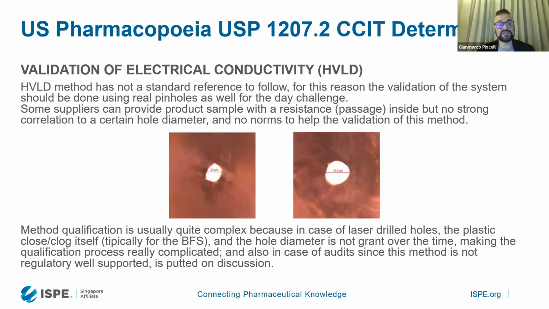There are some suppliers that can provide artificially generated products, like a dummy with a resistance inside in order to simulate the passage of the current taking the short path in case of leakages. But this is also not listed in any international standard. It's just another system, but it is really difficult to defend something different from a laser drilled hole, a real hole, in front of the auditors who ask about that product.